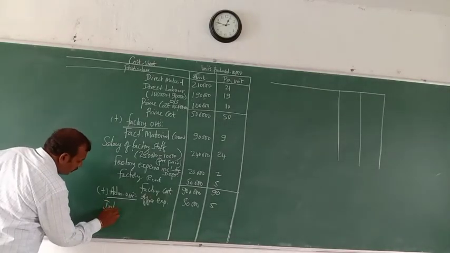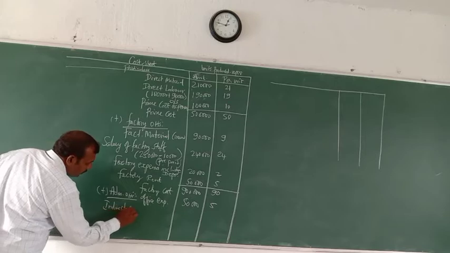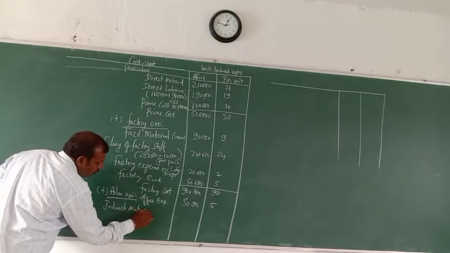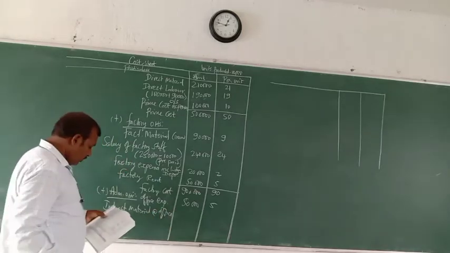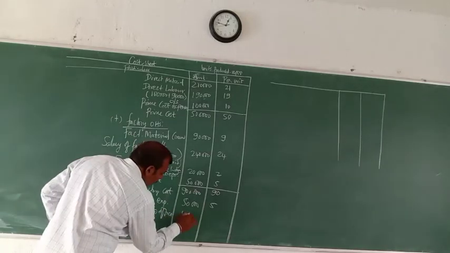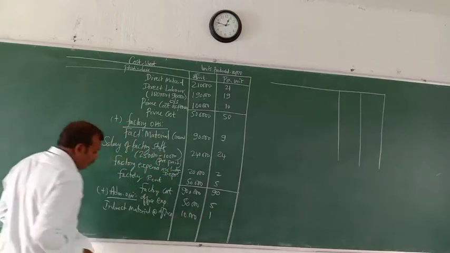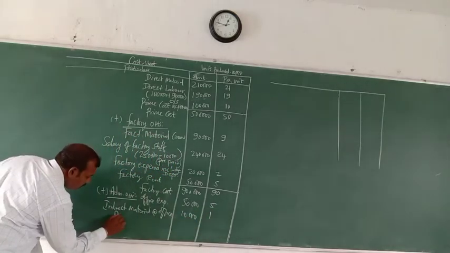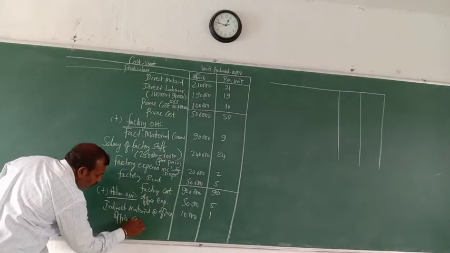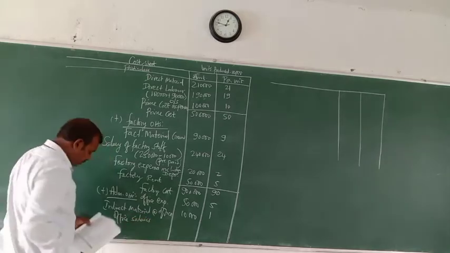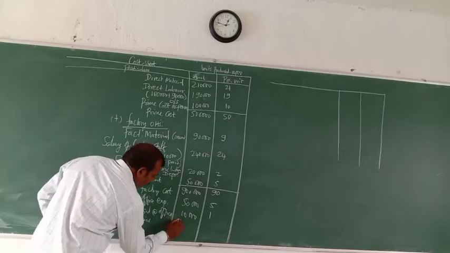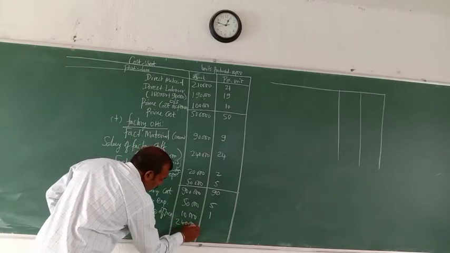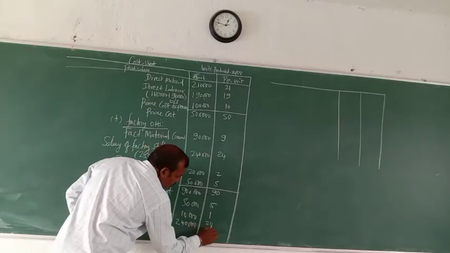Indirect material at office, 10,000 divided by 10,000 will get 1. Office salaries, 2,40,000 divided by 10,000 get 24.